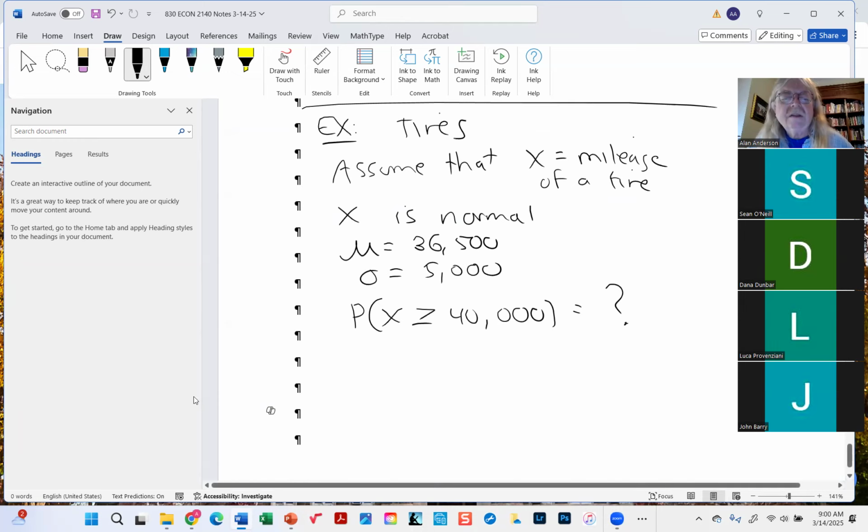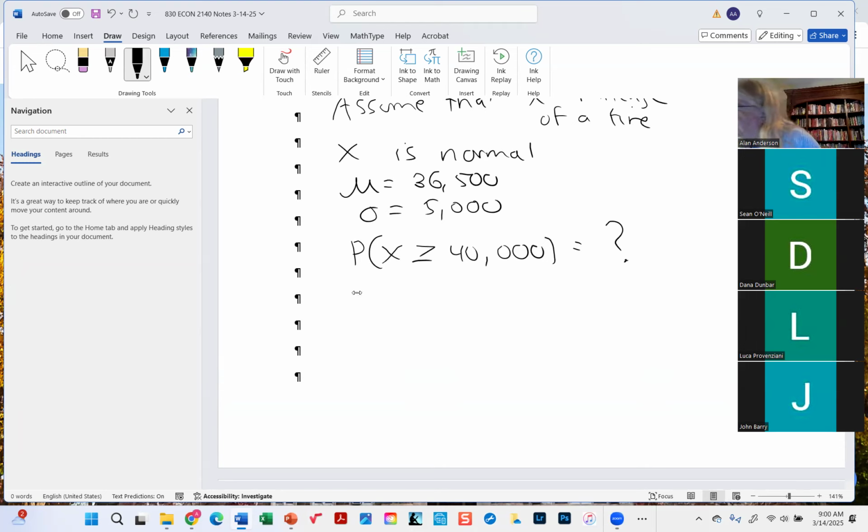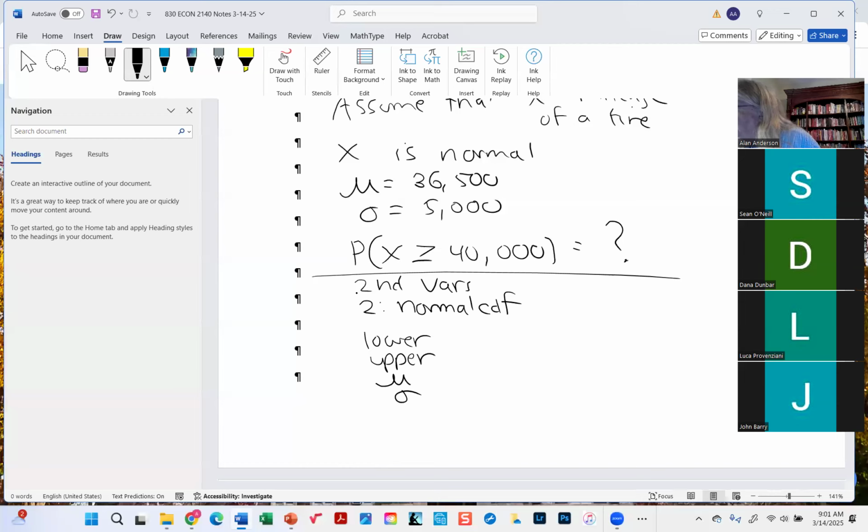Well, you know what? We know how to do this. It's easy. It's a breeze. What you're going to do is, of course, go back to 2nd VARS, number two. Now, lower would be 40,000. Upper is positive infinity. Mu is 36,500.